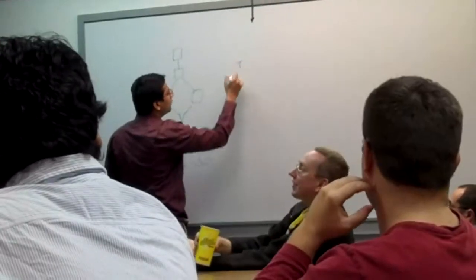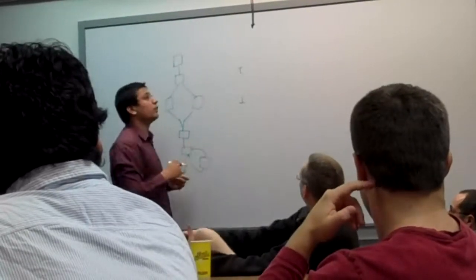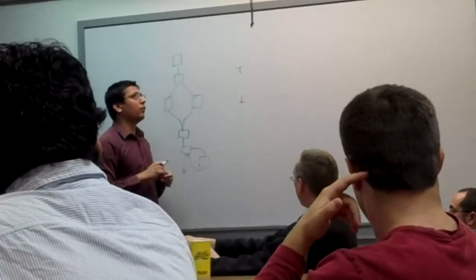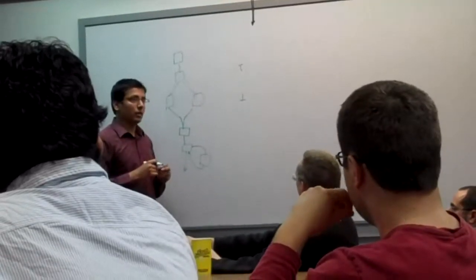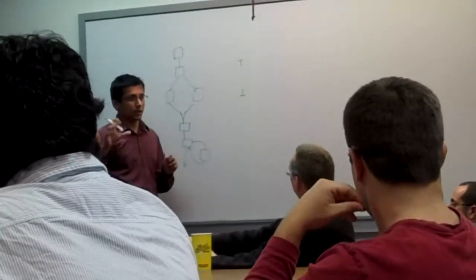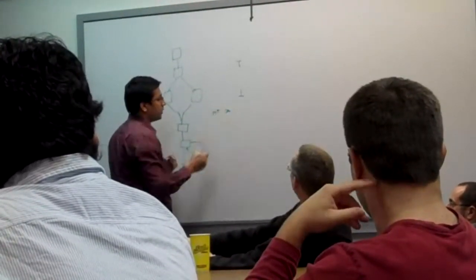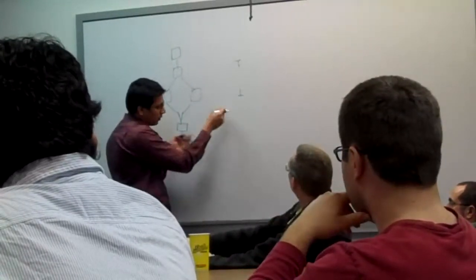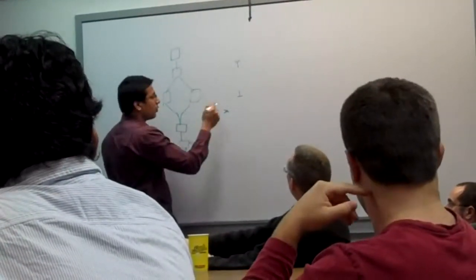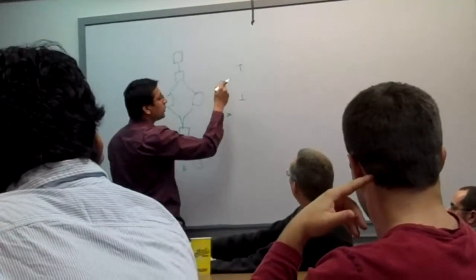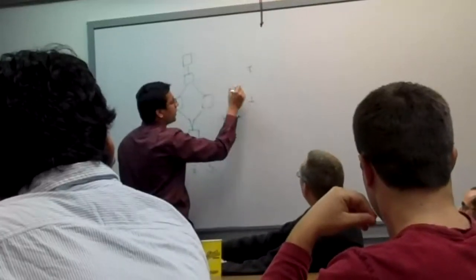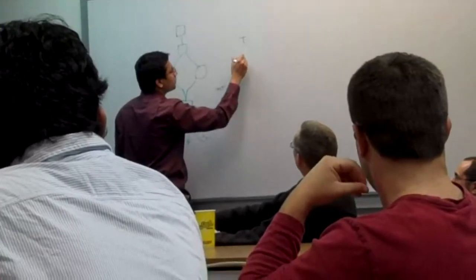Say you wanted to compute what kind of integers reach a certain point: there is an integer x, and you want to know what the value of x is at a certain point in the program. So you form this lattice where this is -1, 0, plus 1, and so on.